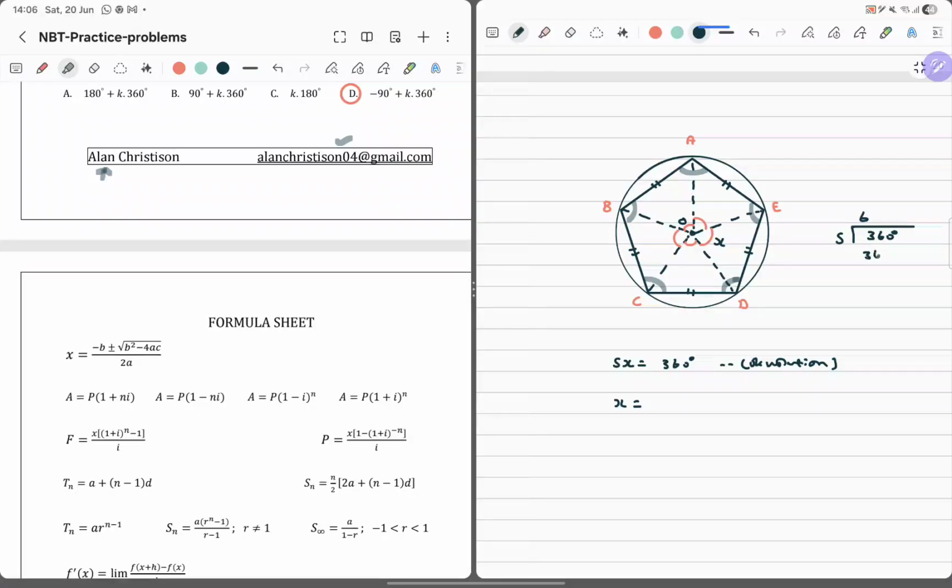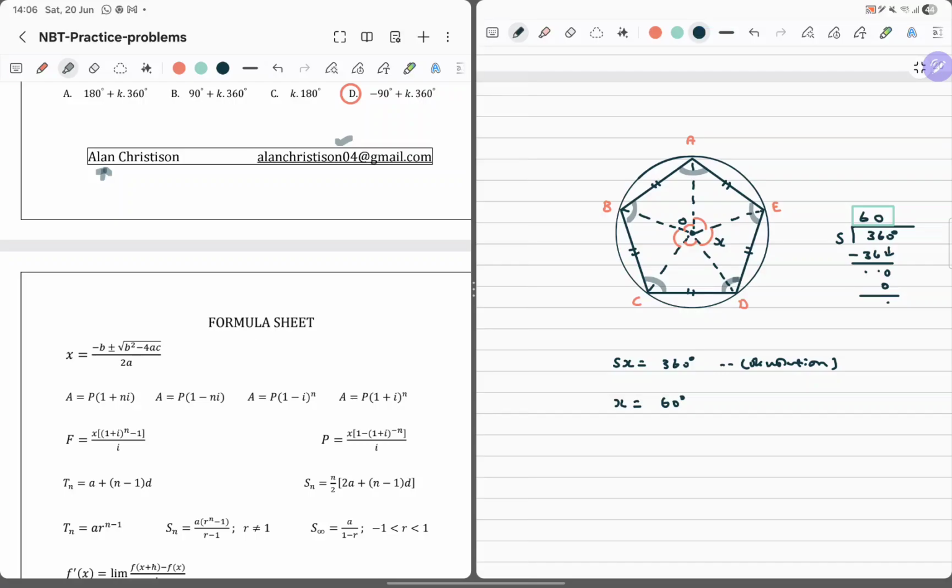So this is going to be 360, we drop the 0 there. So this means X is going to be 60 degrees. Okay, cool. We are fine.